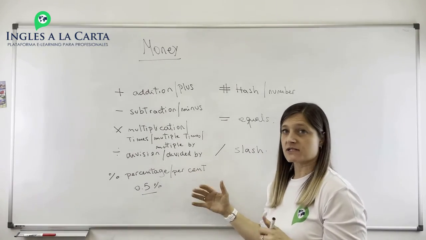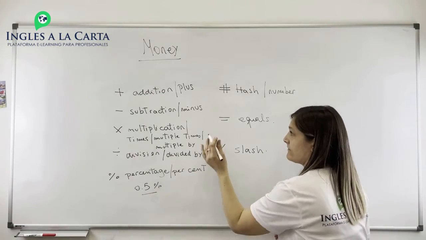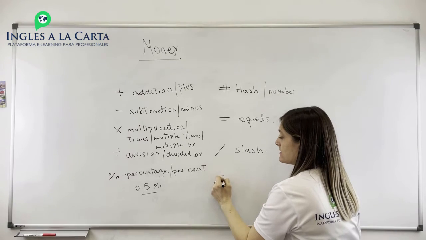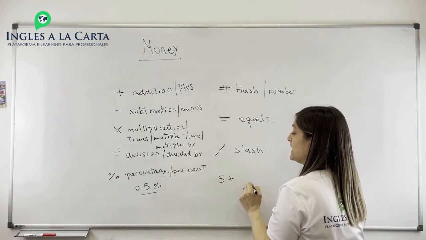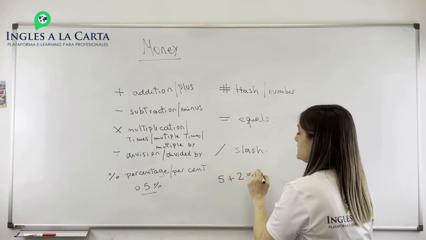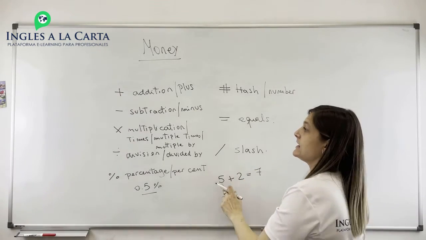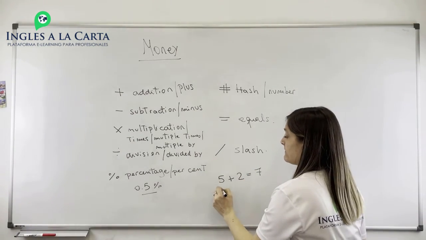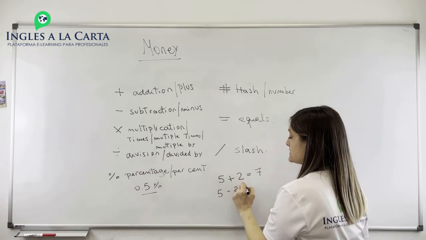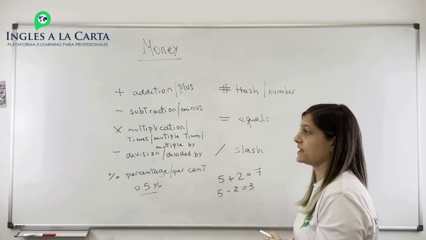Now I'm going to give you some examples, and here we have an addition. 5 plus 2 equals 7. A subtraction. 5 minus 2 equals 3.